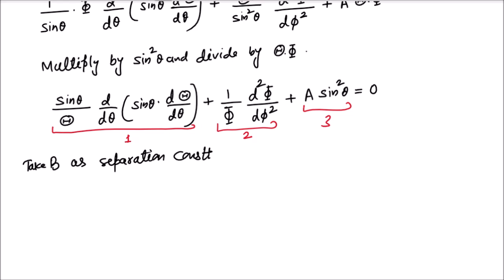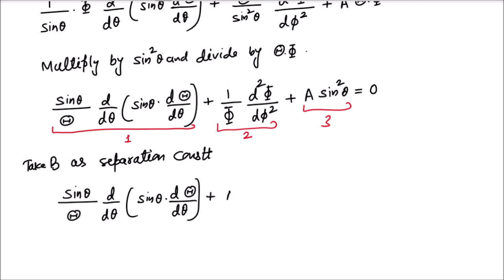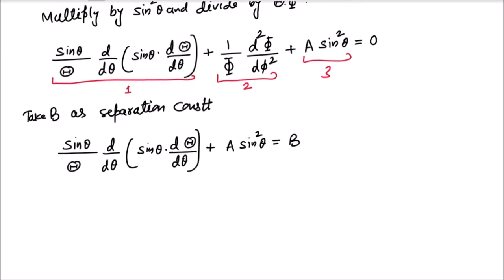So what we get is sine theta over function of theta d by d theta of sine theta, plus a into sine square theta, equal to b, and 1 upon function of phi, partial differential of function of phi with respect to phi, that is equal to minus b.